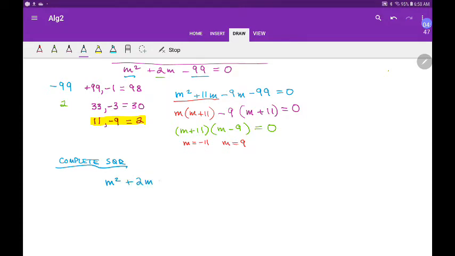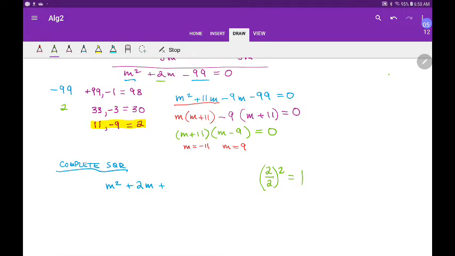And then we're going to say plus, because this is a plus sign. And because when I add my perfect number, I always have a plus there. So let's see, I take that middle number 2, over here and I say 2 divided by 2. Why do I divide by 2? It's just what I always do. Squared is equal to 1. 1 squared is 1.